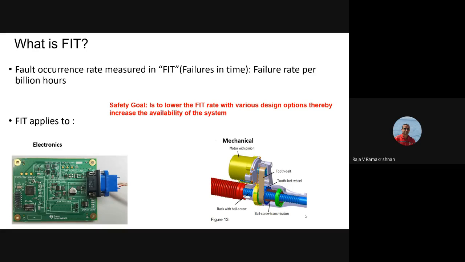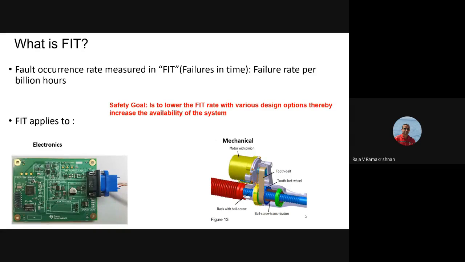That's to understand which area we need to work on first so that we can make it fault tolerant. We give a rating to each part, and that is called FIT. A FIT is the fault occurrence rate measured per billion hours. That means the higher the FIT rate number, the more prone that part is to failure in the vehicle.